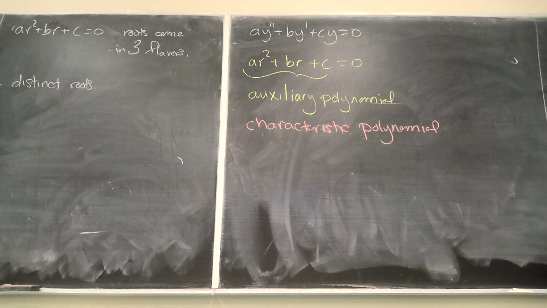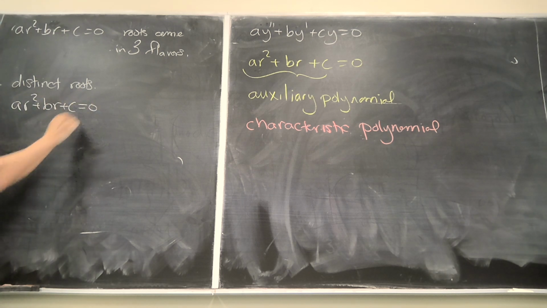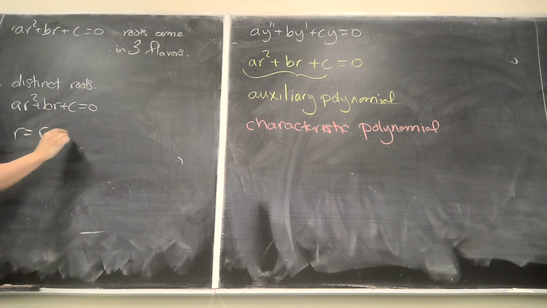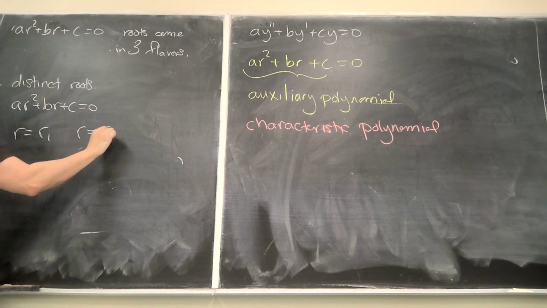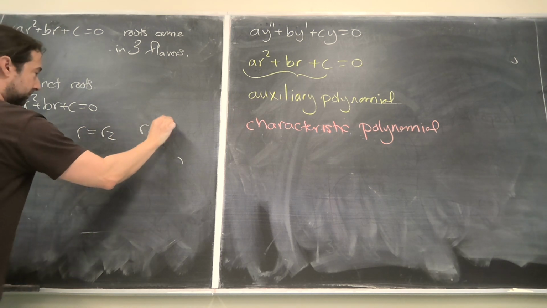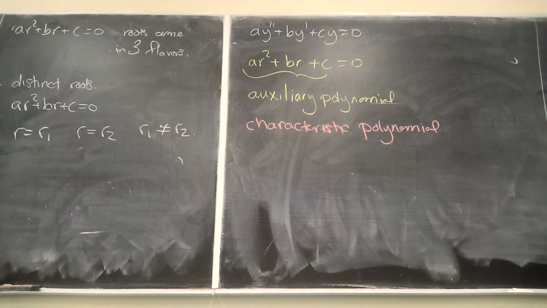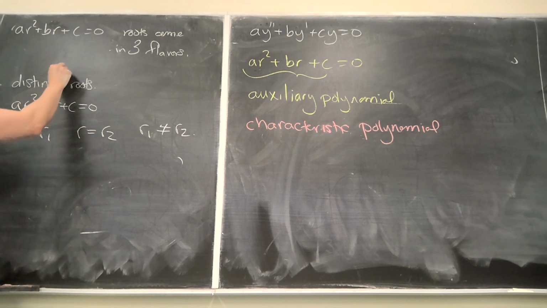So that is to say, it could be that the solutions to ar squared plus br plus c is equal to 0 are distinct numbers. They could be real. So r1 and r2 are real numbers, but not equal to each other. Distinct real roots, I should say.